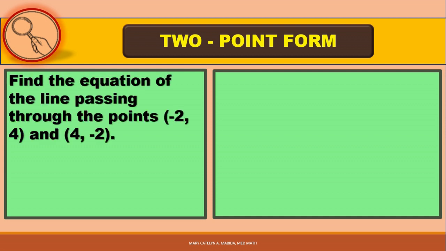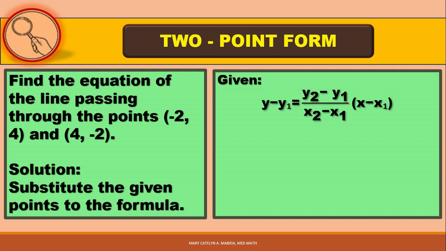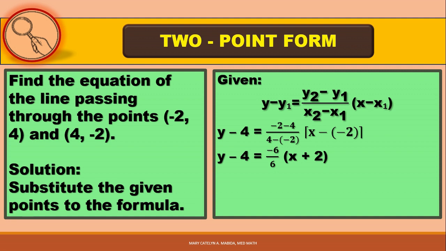Find the equation of the line passing through the points (negative 2, 4) and (4, negative 2). Substitute the given points to the formula. We have y minus 4 is equal to negative 2 minus 4 over 4 minus the quantity of negative 2 times x minus negative 2. Remember the rule in multiplying integers with the same sign.